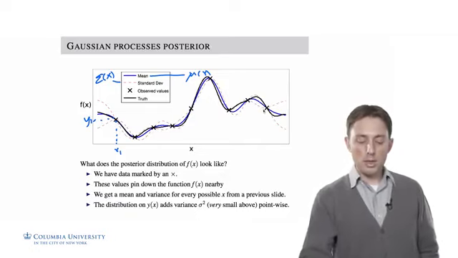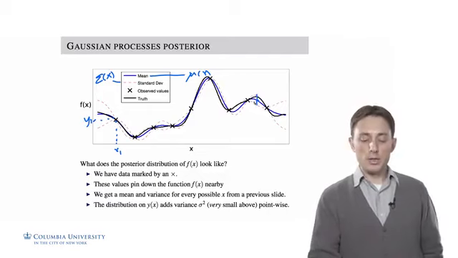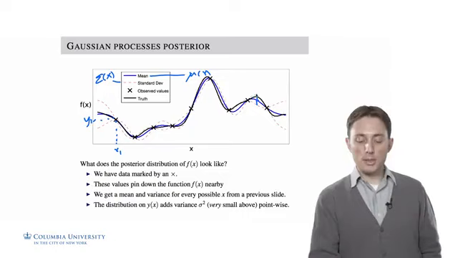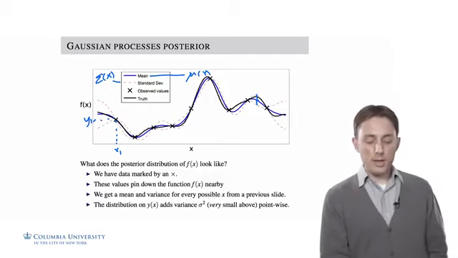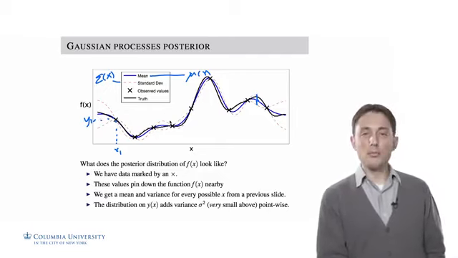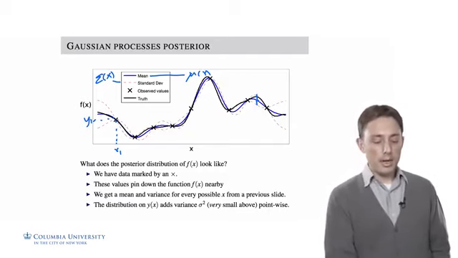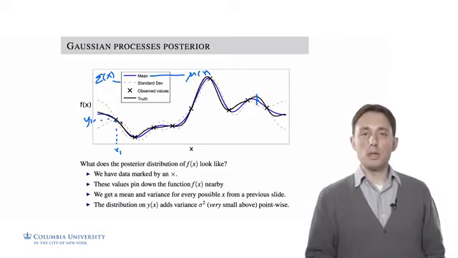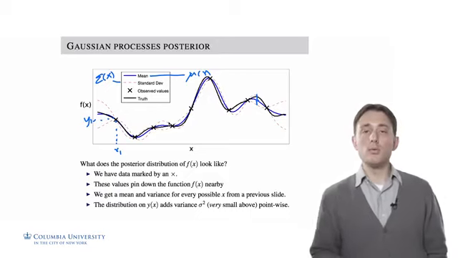So for example, in between these 2 points, my confidence in my prediction is much less. You can see that my variance increases, but then gradually as I move towards another point, it becomes more and more confident, and again I'm pinched at this point. So here the blue line is my prediction of the black line, and the red dotted line is my uncertainty of that prediction. It gets more uncertain as I move away from points and more certain as I move towards points.